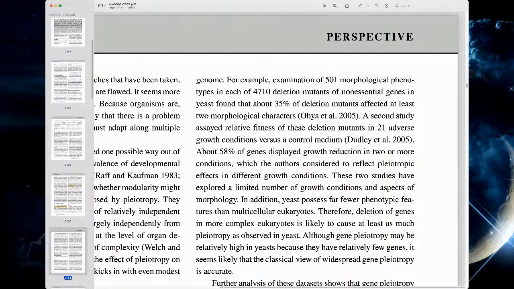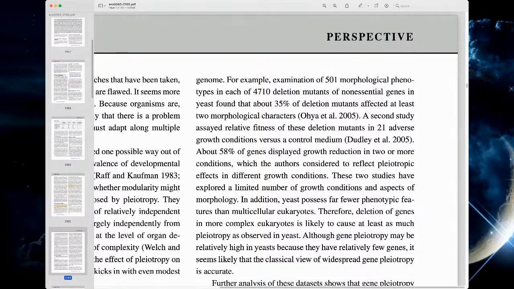A second study assayed relative fitness of these deletion mutations in 21 adverse growth conditions versus a control medium. About 58% of genes displayed growth reduction in two or more conditions, which the authors considered to reflect pleiotropic effects in different growth conditions. These two studies have explored a limited number of growth conditions and aspects of morphology.